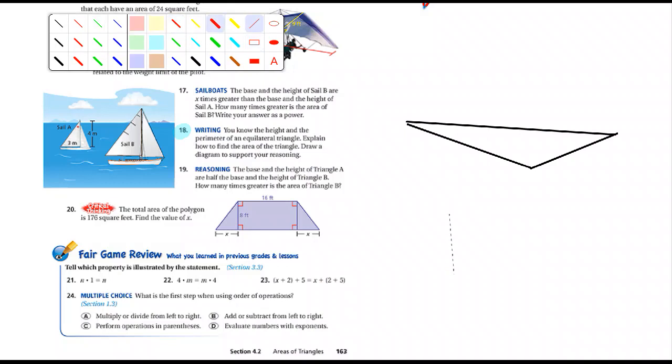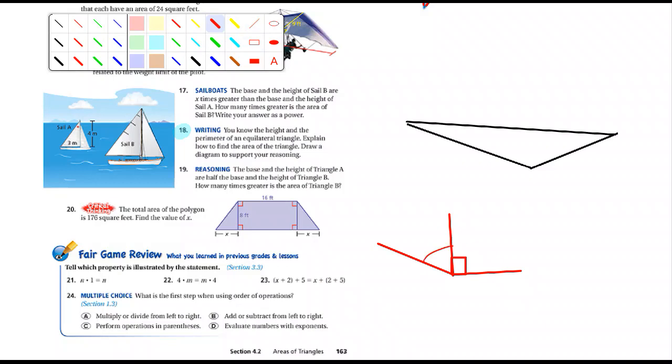This would be, doing the best I can here, that would be considered a 90-degree angle. If it's more than 90 degrees, let's say the angle went out this way, that's called an obtuse angle.